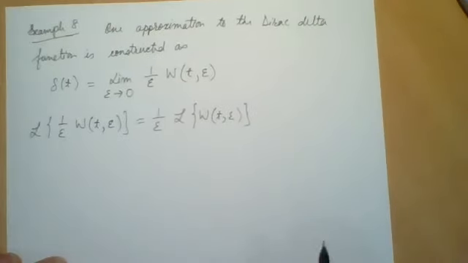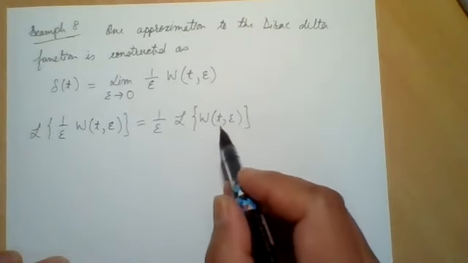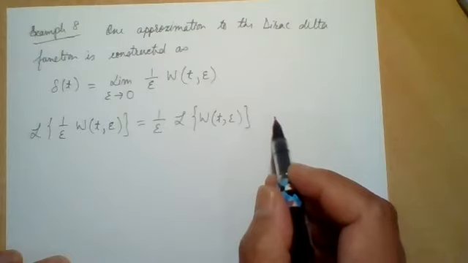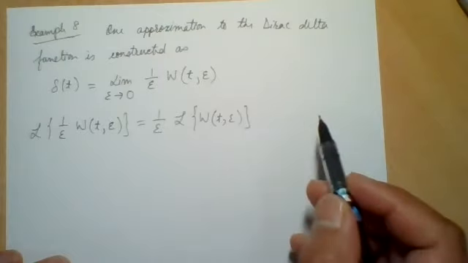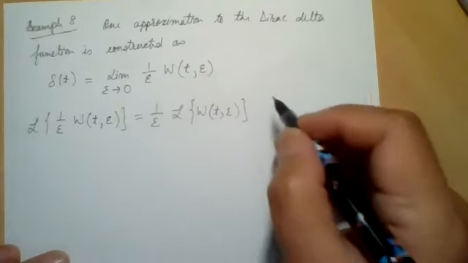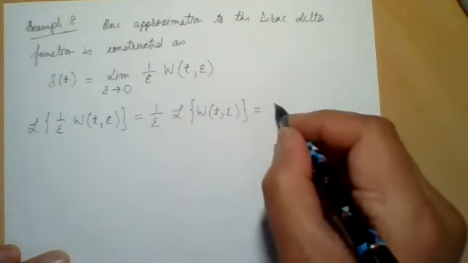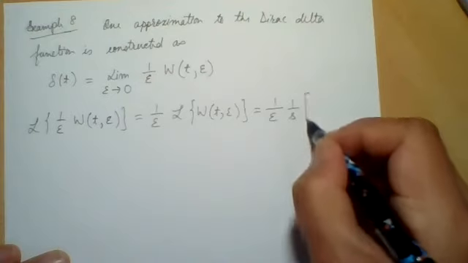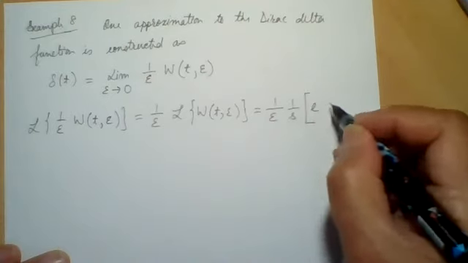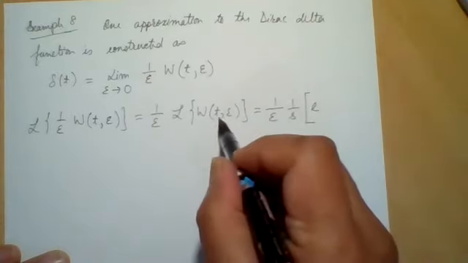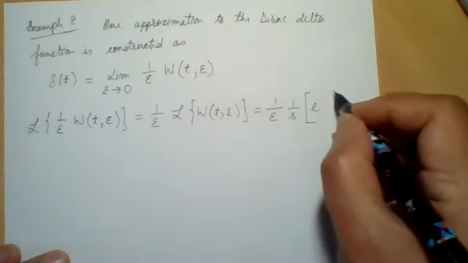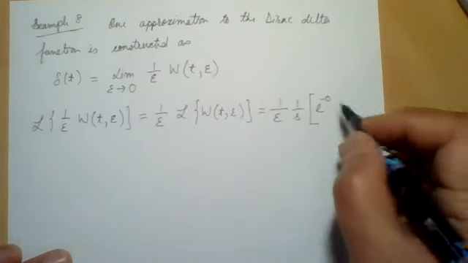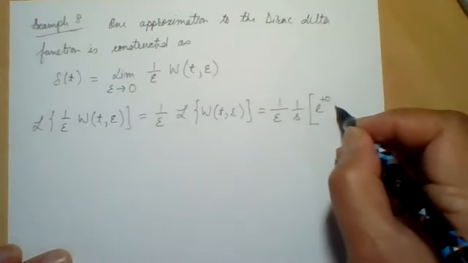And we already know that the Laplace transform of w of t minus a comma b is 1 by s times e to the power minus as minus e to the power minus bs. So this is equal to 1 by epsilon, 1 by s, e to the power minus as. So t minus a, here a is 0, so this is e to the power minus 0, which is the same as 0, so we don't need to put the minus here.